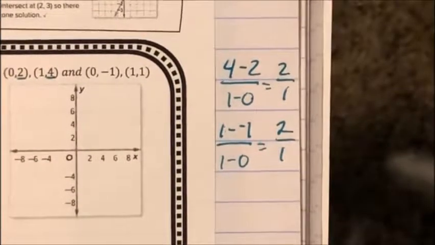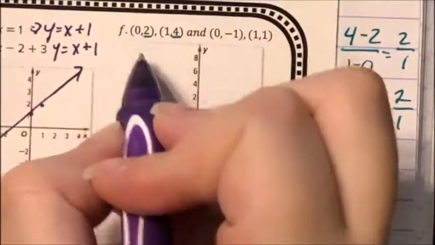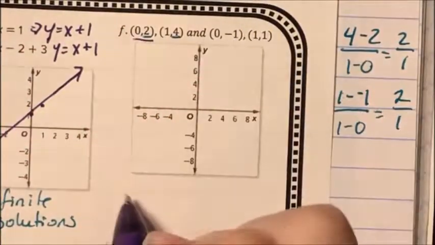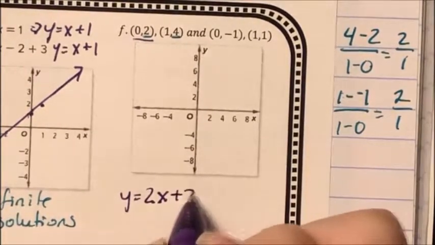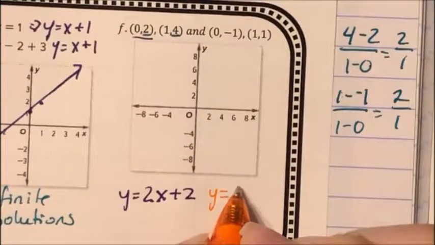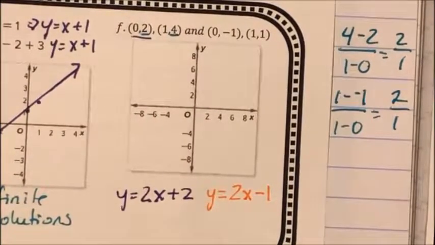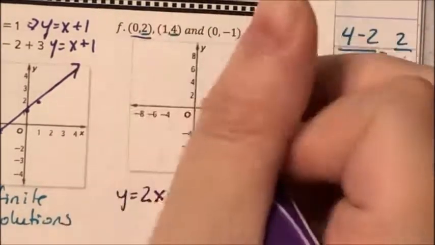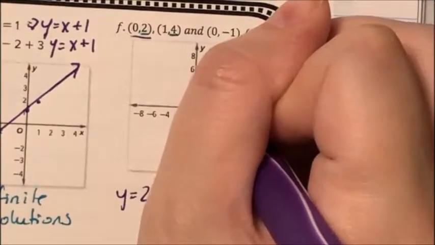My first equation, okay. First equation, so I get y equals 2x plus 2. My second equation, y equals 2x minus 1. They have the same slope, so they're probably going to be parallel. Go ahead and graph them anyway. Plus 2, up 2 over 2.